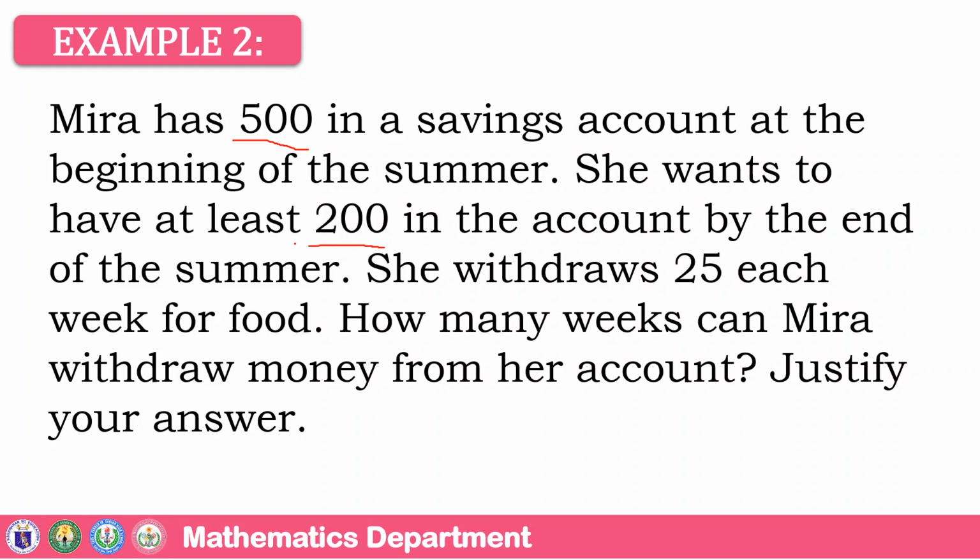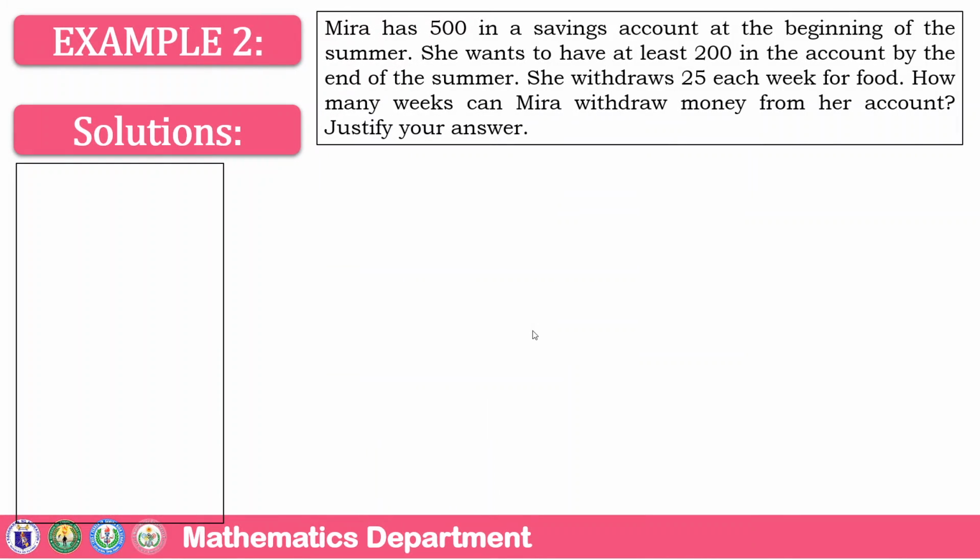So, ibig sabihin, pwedeng 200 lang, pwedeng mas malaki pa sa 200. So, now, the question is, kung nagwi-withdraw siya ng 25 pesos per week, so, gaanong karaming week daw yung magwi-withdraw si Mira. Okay, so let us solve.